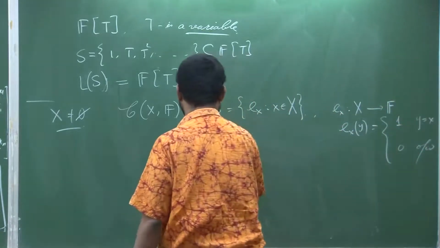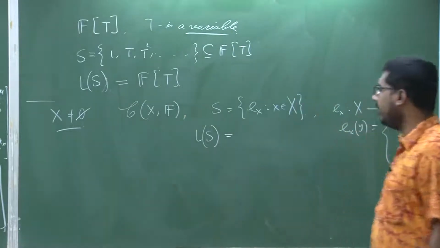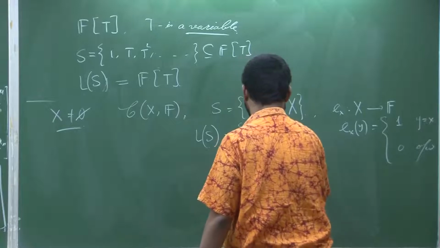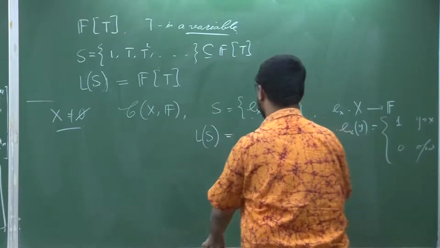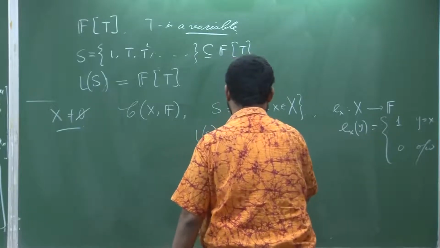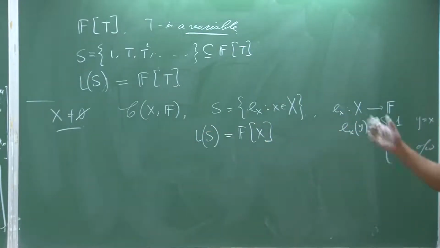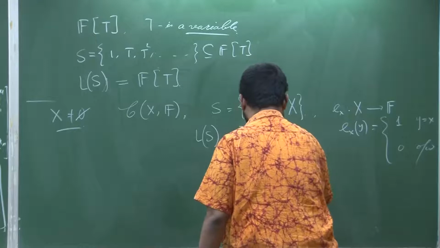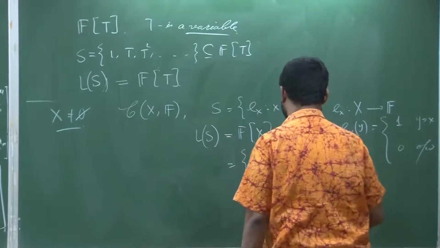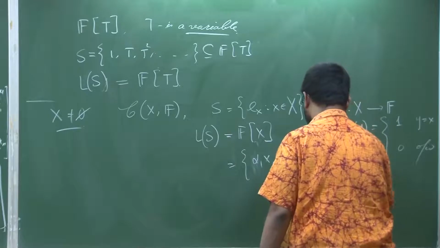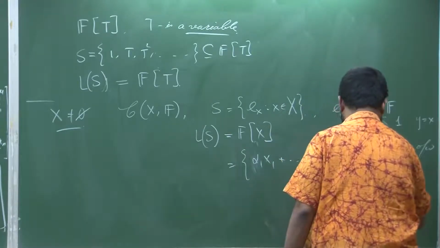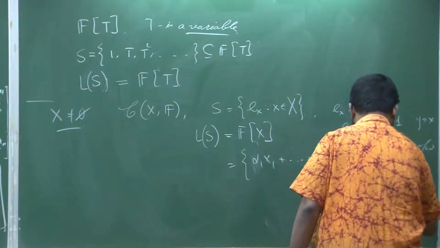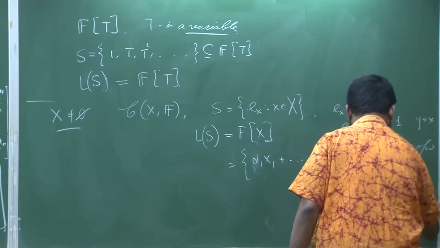And Lx was the set of all functions which vanish identically outside a finite set. As I said earlier, we will write them with simplified notation: x1 up to xk lie in X, alpha 1 up to alpha k lie in F, and k an integer. Okay.